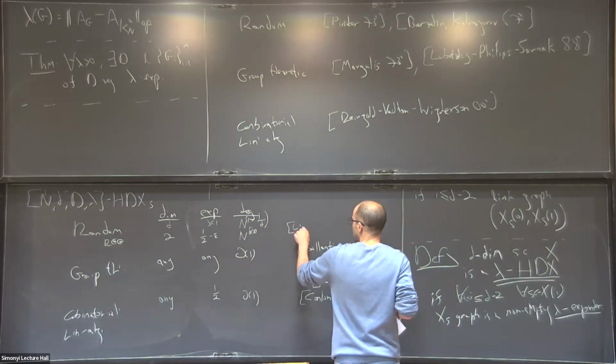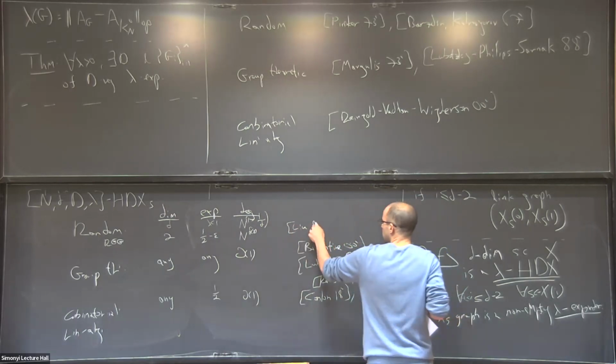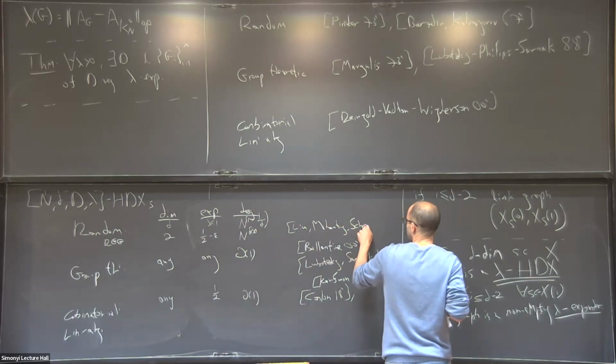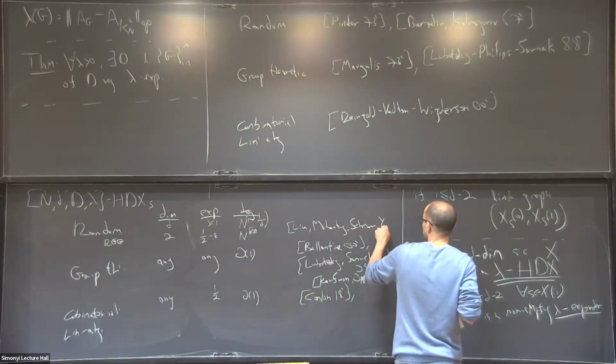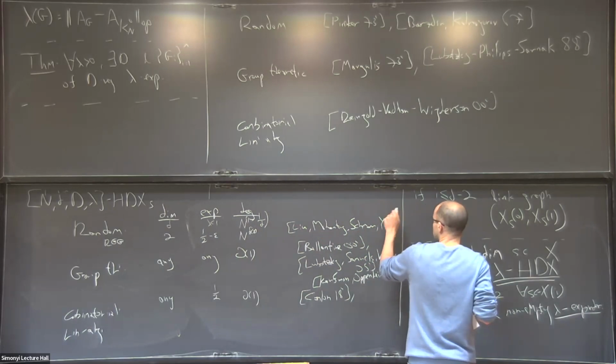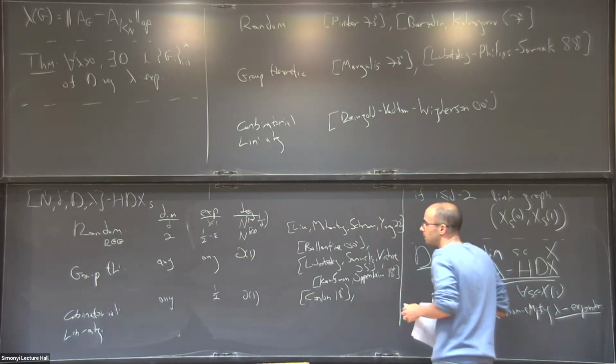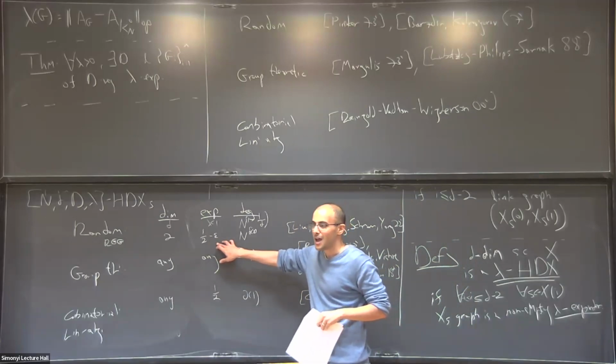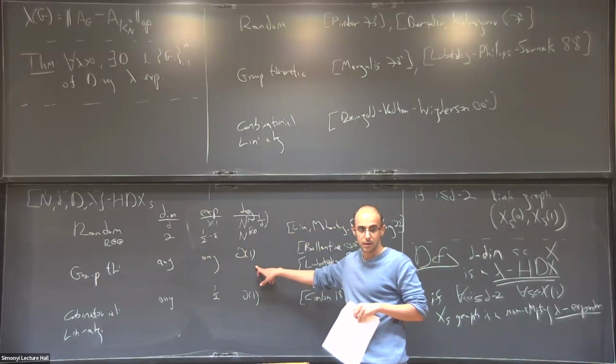This is by Liu, Mohanty, and Young, I think from 22. So look how much effort we need just to go below half, and we're not even close to getting to this.